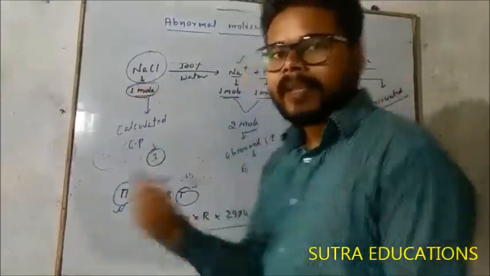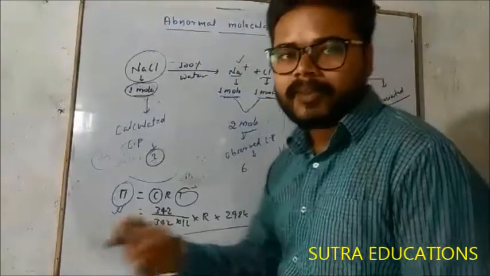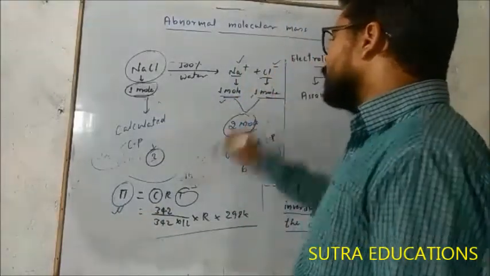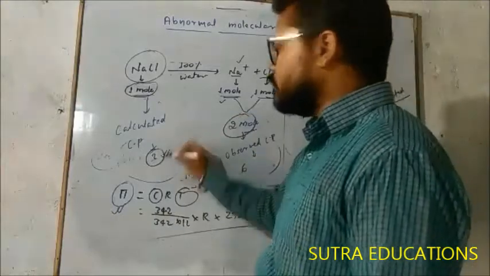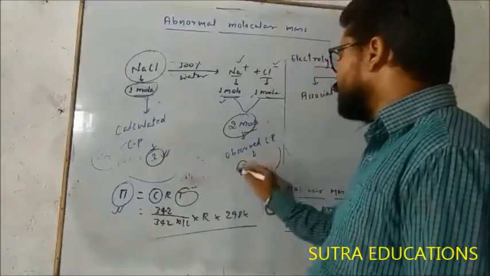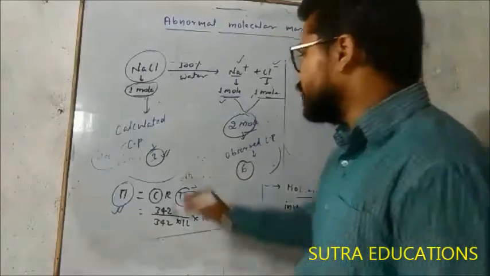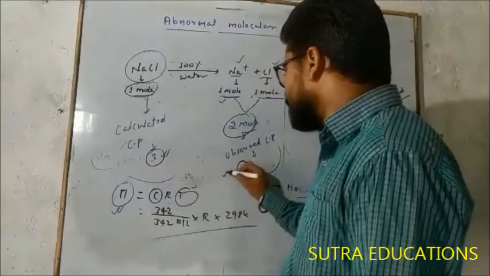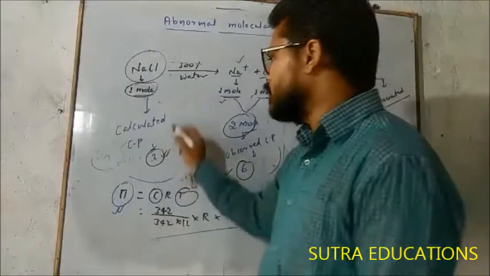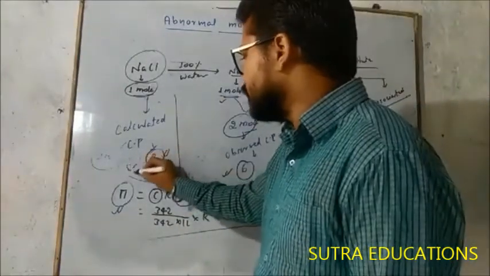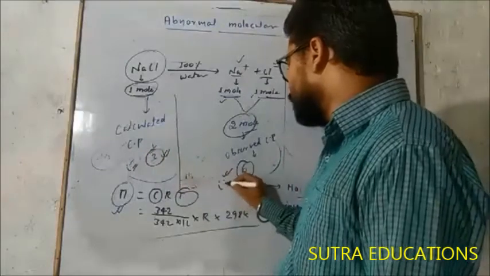But as it got dissolved in water, it got dissociated into 2 moles. And if 1 mole gives value 3, then 2 moles will give you value 6. Getting this or not? It means colligative property is increasing after dissociation. Here i is equal to 3 and here i is equal to 6.